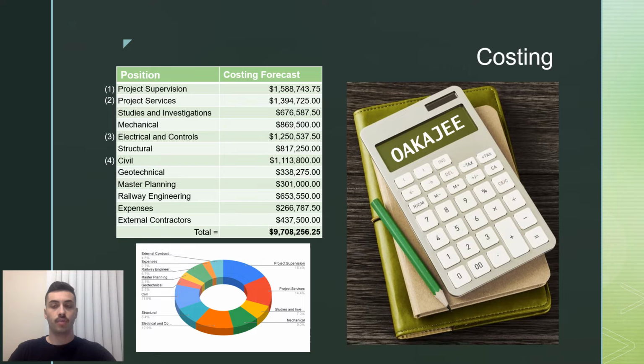The Oakajee Port Rail is a huge project for Western Australia. Such a large investment of almost $10 million is renowned for its threats, opportunities, impacts, and risks. As displayed in the cost forecast on the slide: 1. Project supervision, which includes project directors and project managers, for example. 2. Project services. 3.